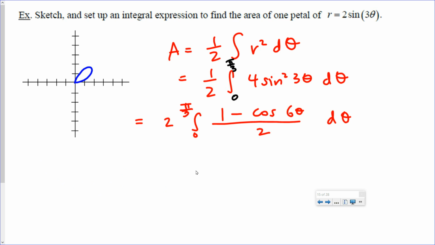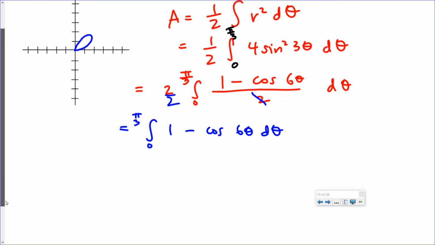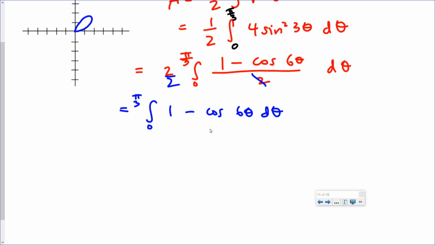Do you guys see a scalar you could pull out? Yeah, I would pull out this 1/2. Whenever you see a scalar, as long as it's 1/2 throughout the whole integrand, you can pull it out. So what you get here is 0 to pi over 3, 1 minus cosine 6 theta d theta, okay? You have to do these by hand, so just FYI. Let's go ahead and take the integral of this.